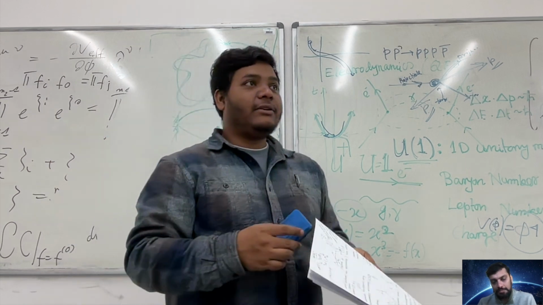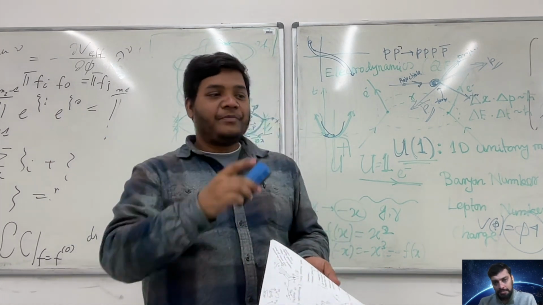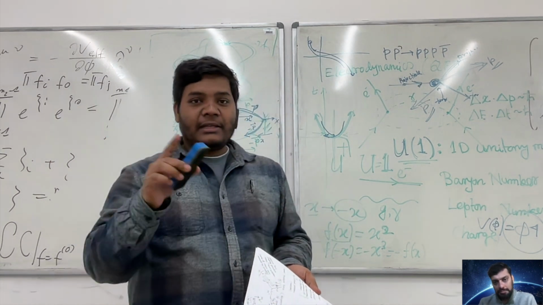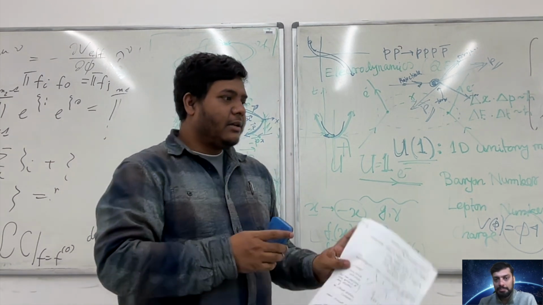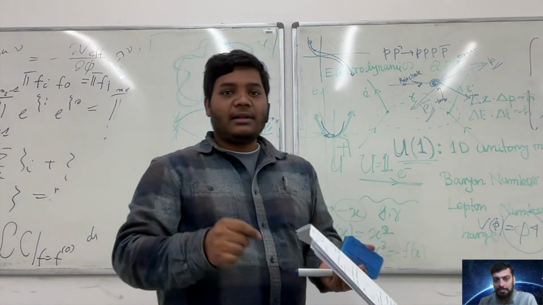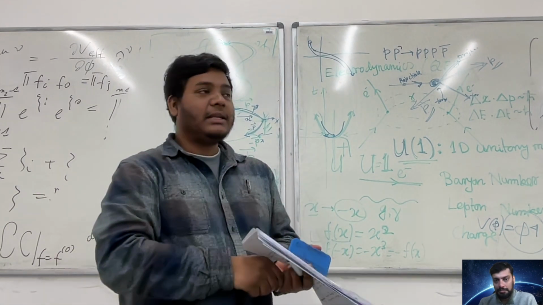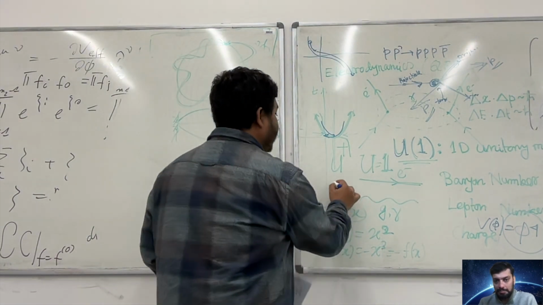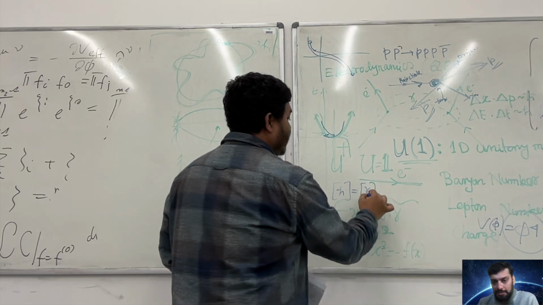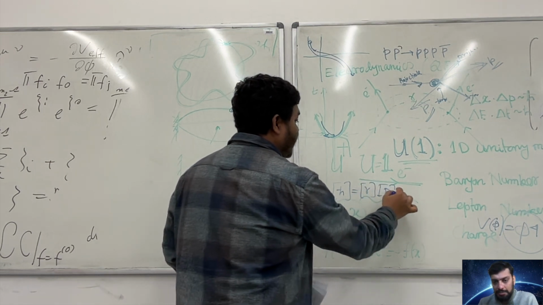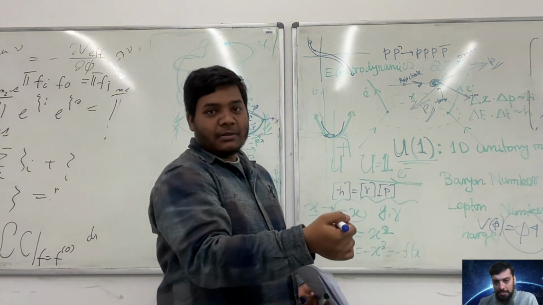Remember in the last class, when we did some dimensional analysis for the Planck constant, I saw that the dimension of the Planck constant is equal to the dimension of r times the dimension of p, which is angular momentum.